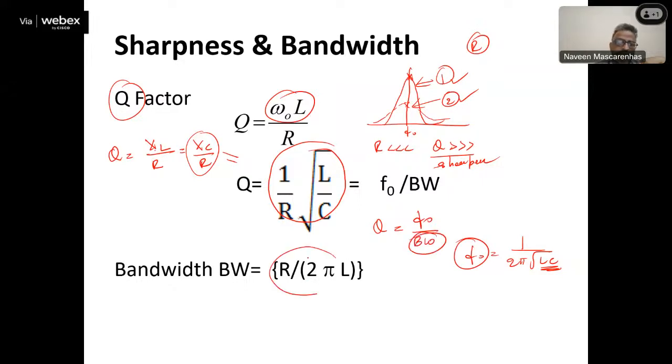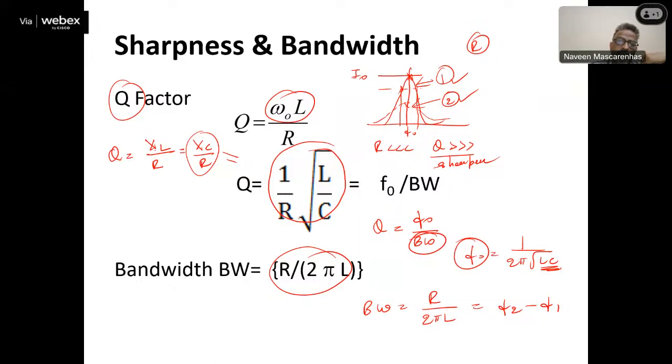And bandwidth also has a very fantastic formula. Bandwidth can always be calculated using the formula R by 2 pi L. Of course, bandwidth is also calculated from this graph, like, if this is I naught, then I naught by root 2 you have to take, or power if you are taking whatever by root 2.